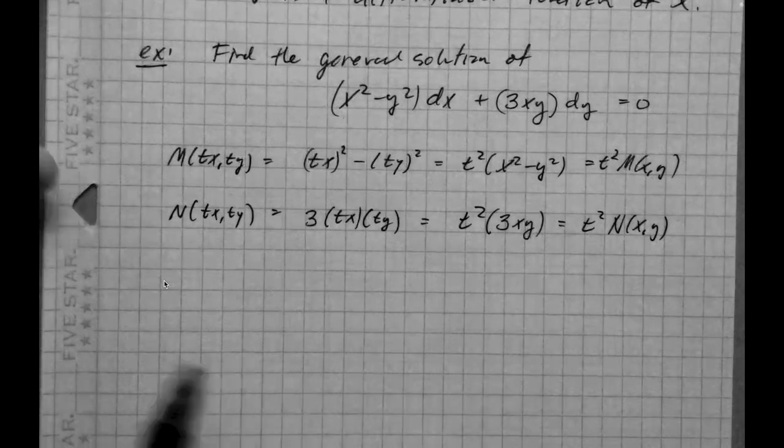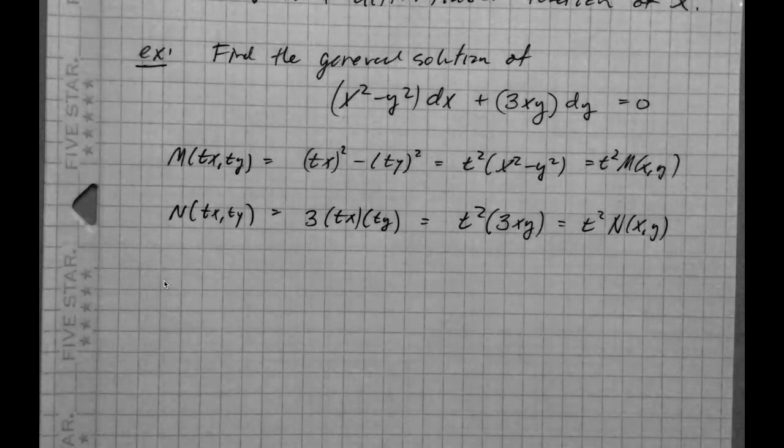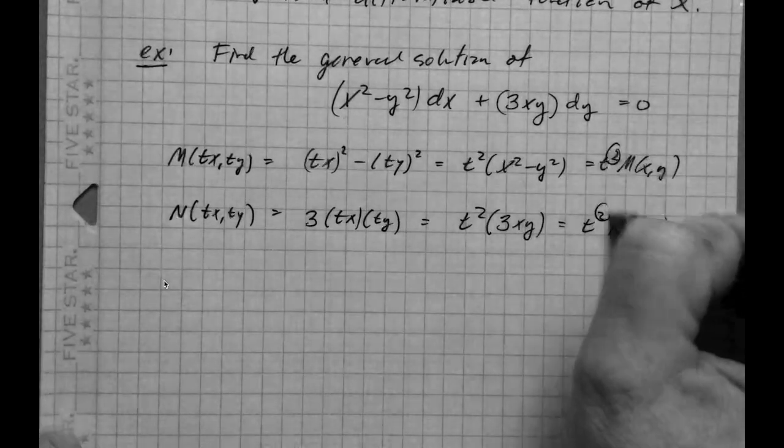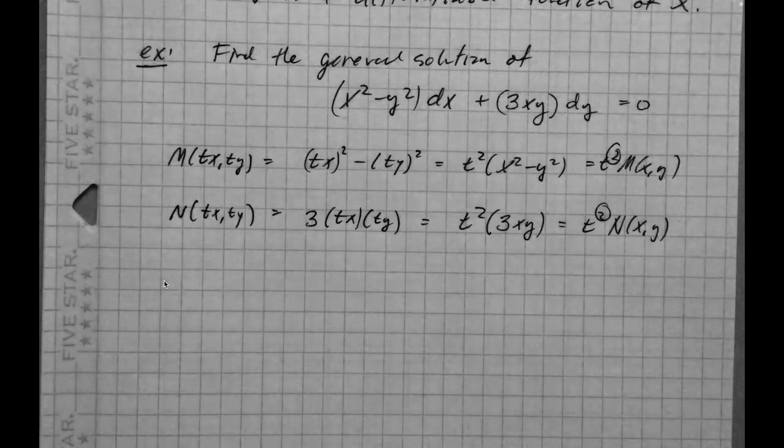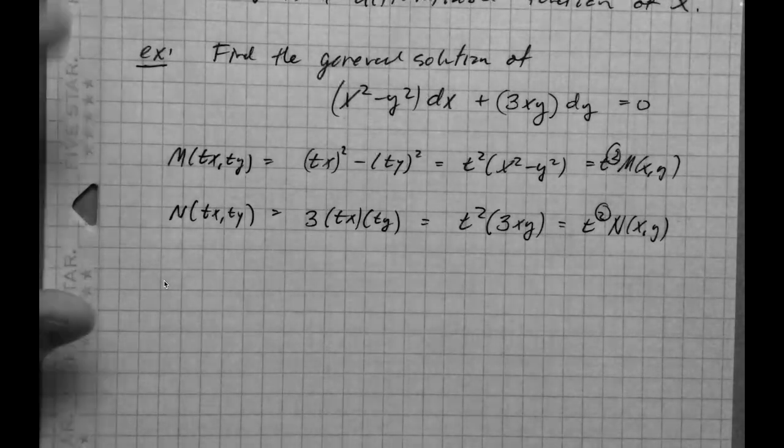So both of them are homogeneous and they have the same degree, right? So you can see they're both homogeneous of degree 2. And so that means that we can apply this substitution. This theorem says that we can substitute in y equals vx.